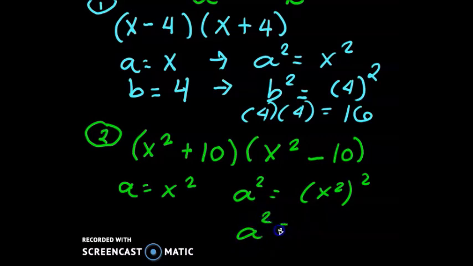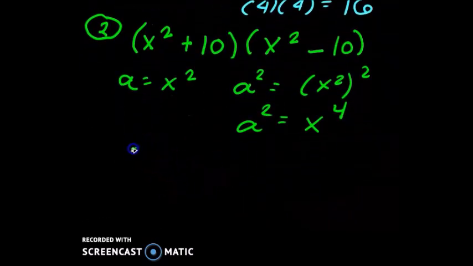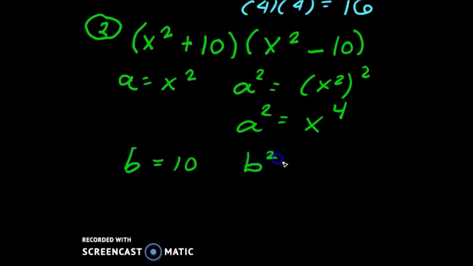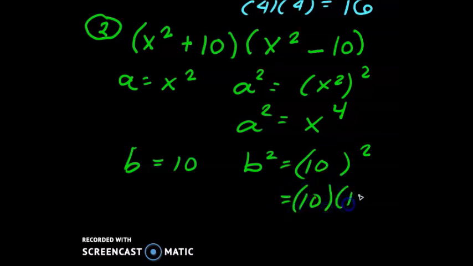So the answer is x to the 4th power. That's our first term. Our second term is 10, and b squared will be 10 raised to the power of 2. 10 times 10, we've got 100. Very good.